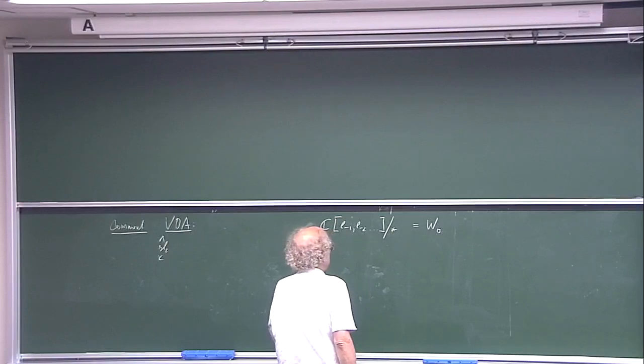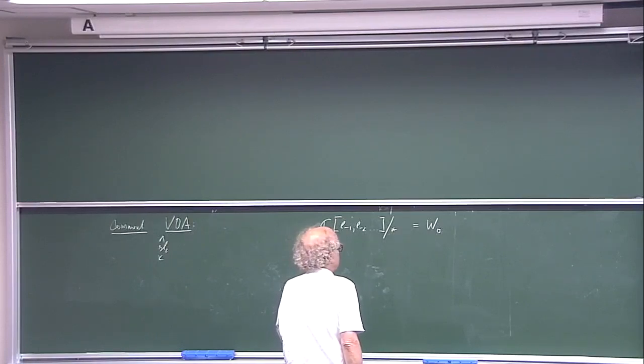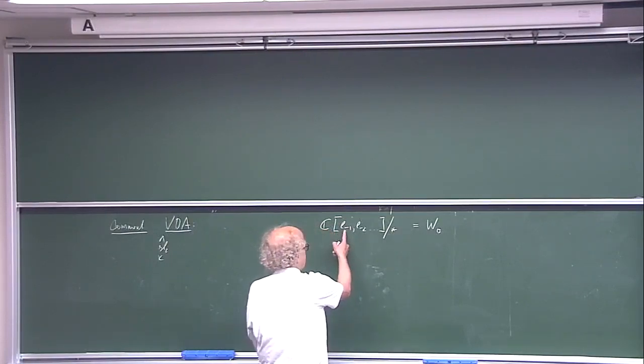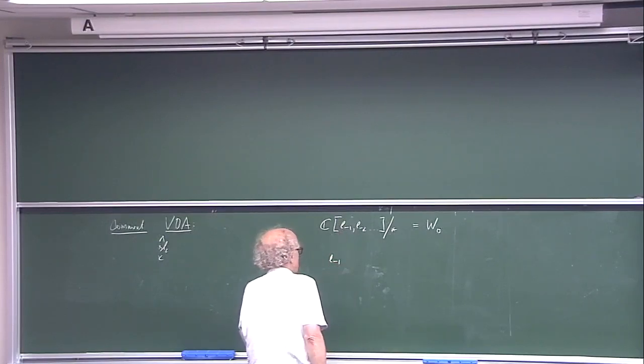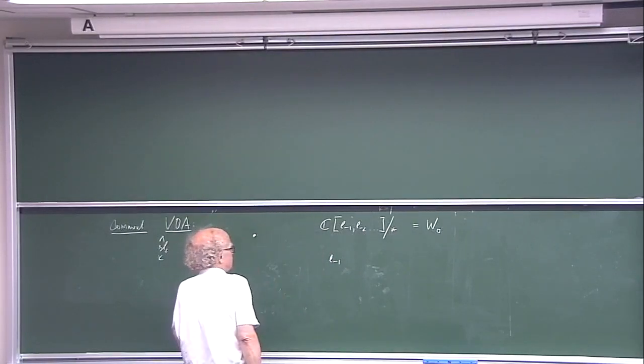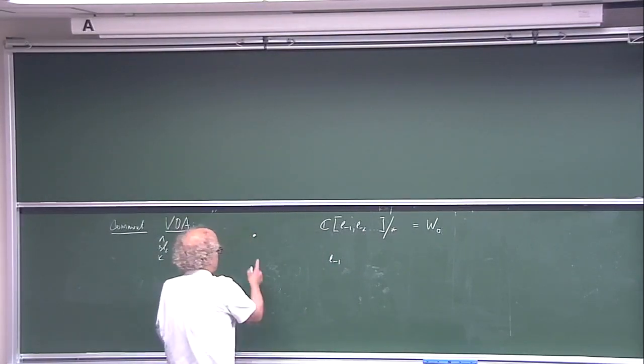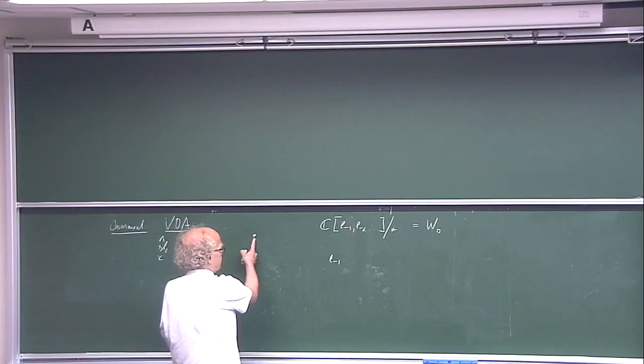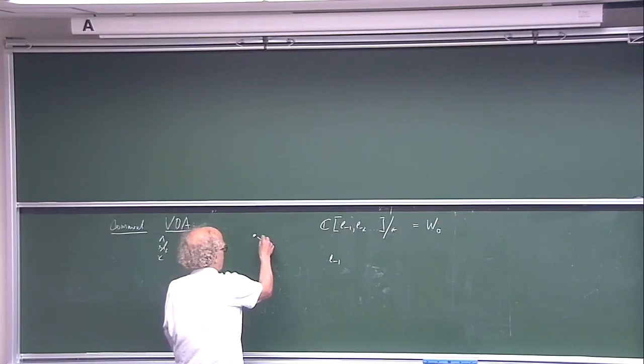And also, in this space, I just repeat, I have vector E minus 1. So suppose in this space it is 1. First I act by operator E minus 1.